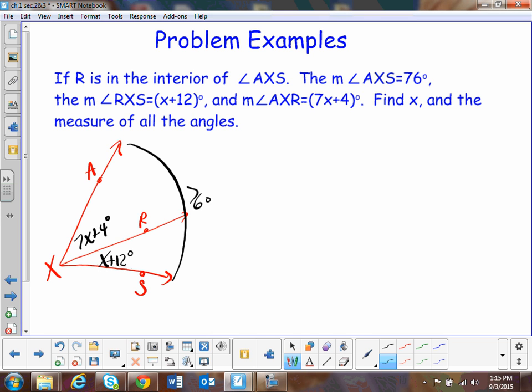The way you want to set this one up is add those two in your head. That's 8x, right? 7x plus x is 8x. Plus 16 is equal to 76 degrees. Okay? If you can't go straight to that step, write this step out first.